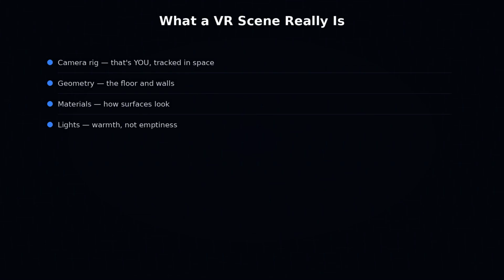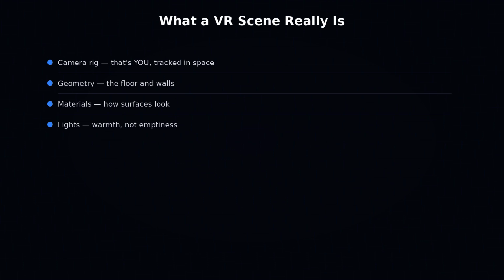And here is what a VR scene actually is underneath. It is simpler than you think. A camera rig, which is really you, your head and your hands, tracked in space. Some geometry, the floor and the walls, the shapes that make the room.